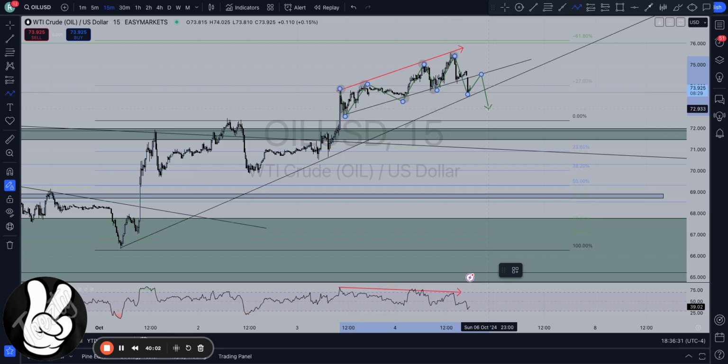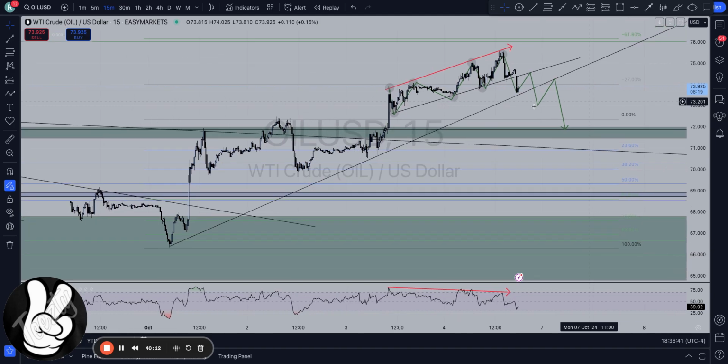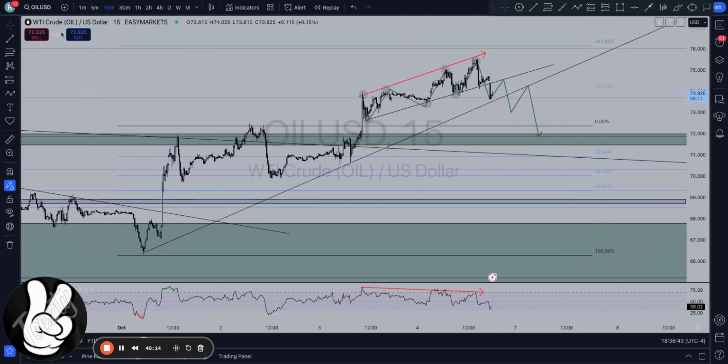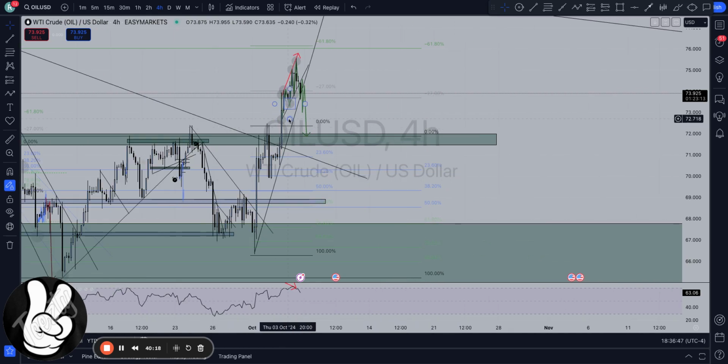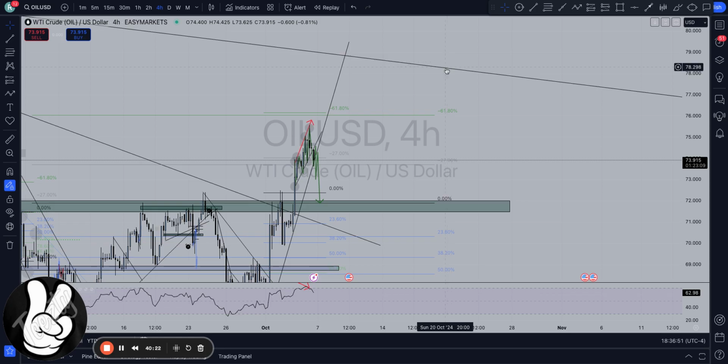Once it breaks this trend line, I want to see it break this trend line and then retest and then come down to the zone right here. And then from there, that would be the retest on the 4 hour time frame for it to push all the way up to this trend line up here.